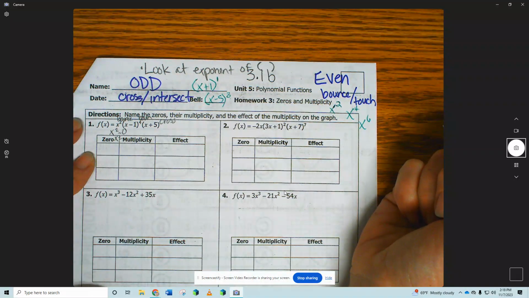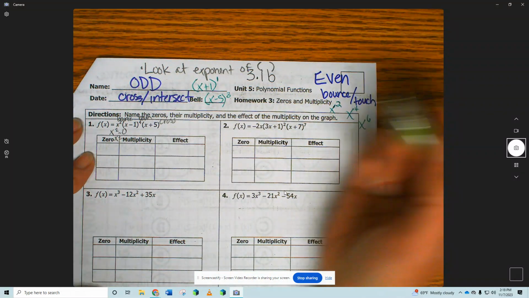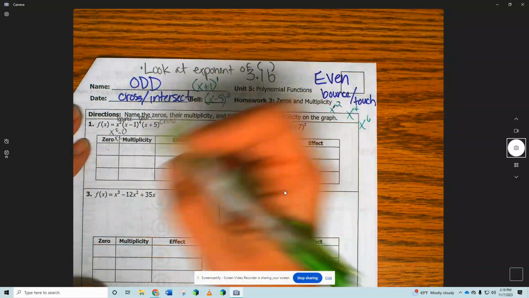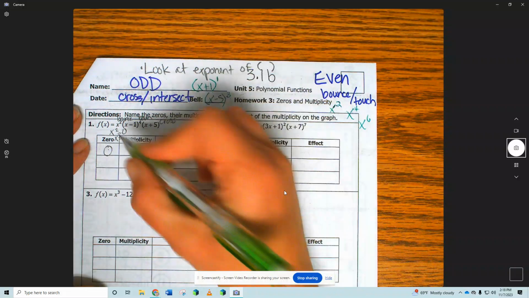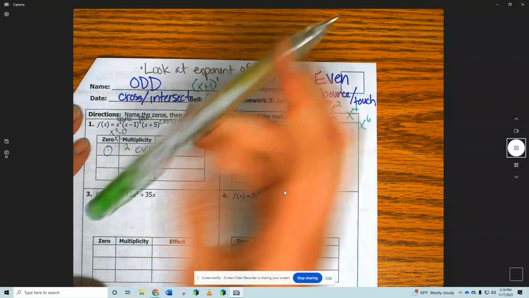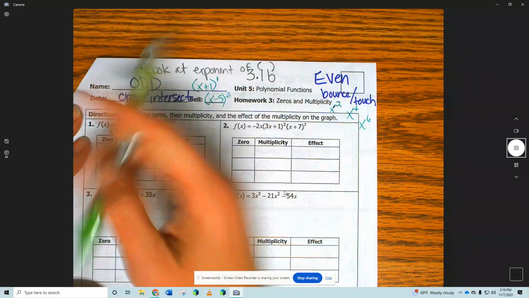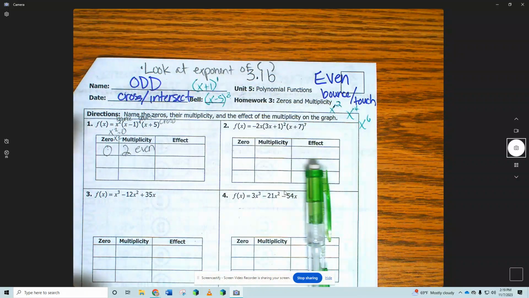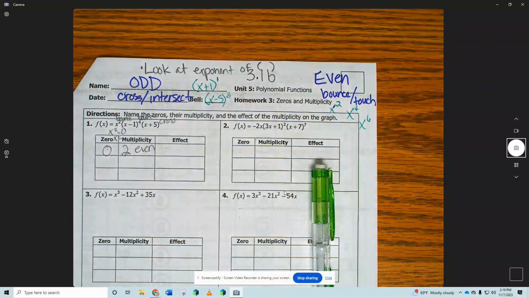Set it equal to 0. X squared equals 0. What's my 0 going to be? 0. Its multiplicity is a 2, which is even. I'll make that bigger. So I'm now asking you to talk about something called multiplicity. That's the word on this page. Multiplicity means, does it bounce or does it cross? What's the exponent? And my parentheses is going to tell me.